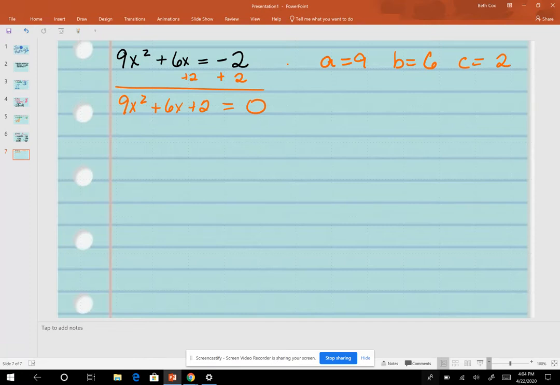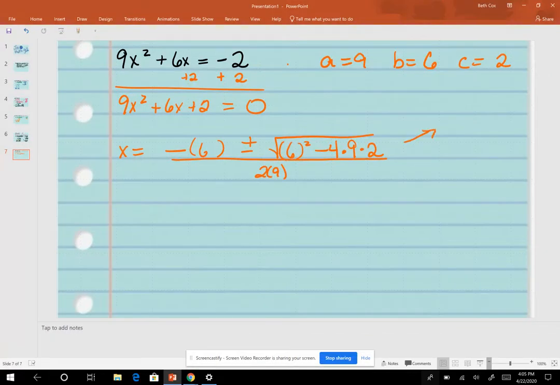Okay, do my formula. X equals negative B. This time B is positive, so it's just going to be a negative 6 plus or minus the square root of 6 squared minus 4 times A, which is 9, times C, which is 2, all over 2A, 2 times 9.